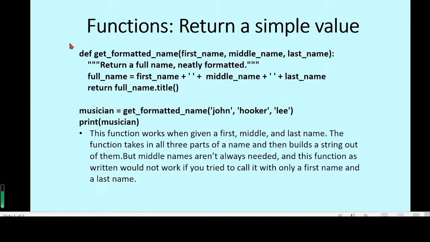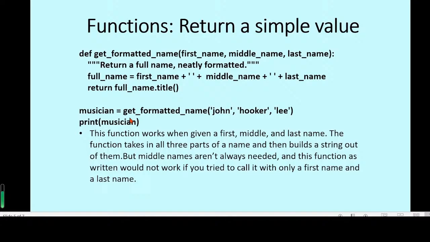So normally people may write like this: first name, middle name, last name as the parameters. Then inside the function definition, a full name is concatenated from first name, space, middle name, space, and last name. Then return this full name's title form.